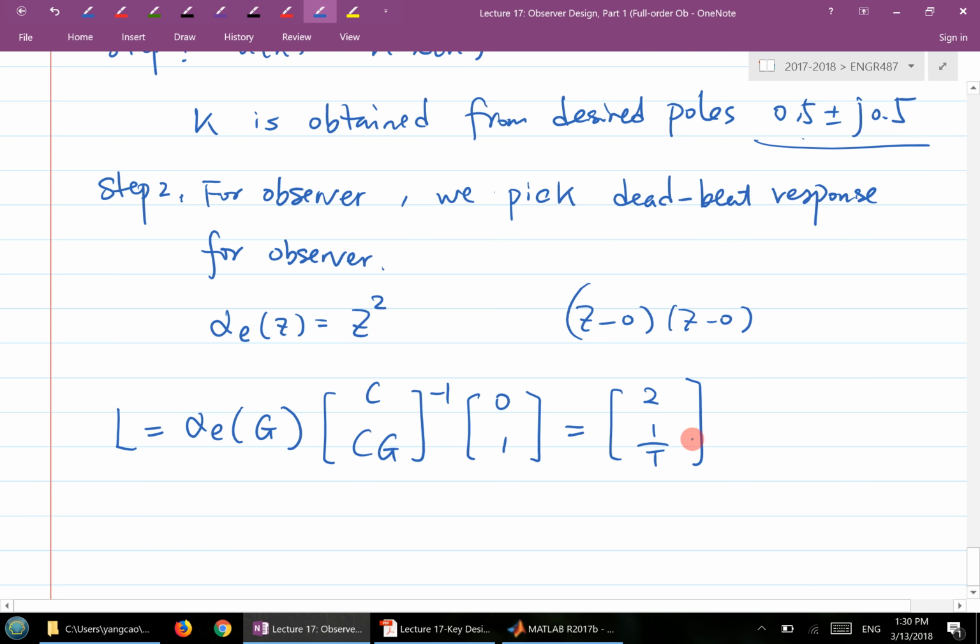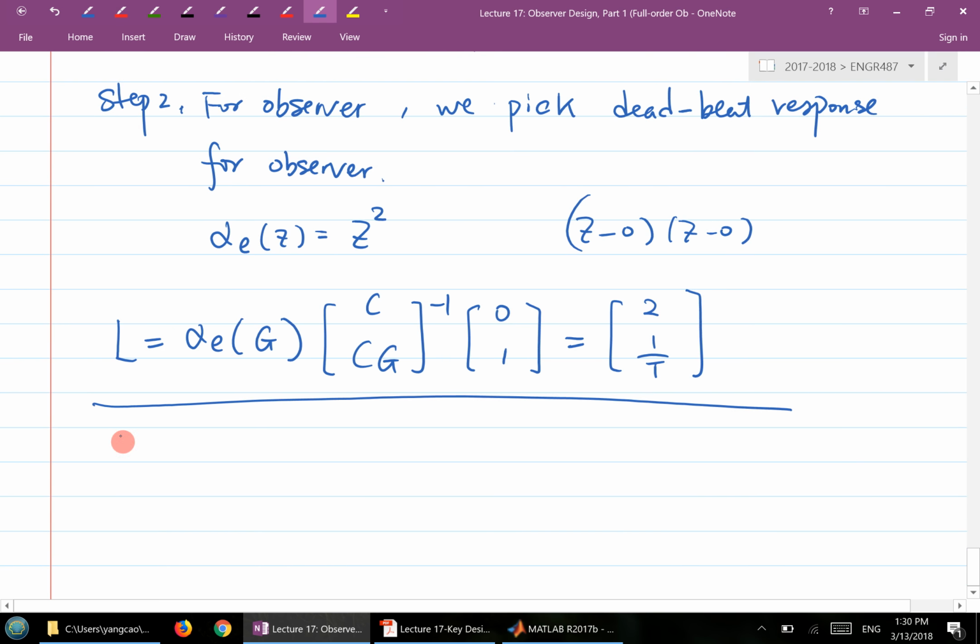I want you to practice yourself. Let's say I assign the observer poles at 0.3 plus minus 0.5, what does this L equal to? Why did I choose 0.3 plus minus 0.5?